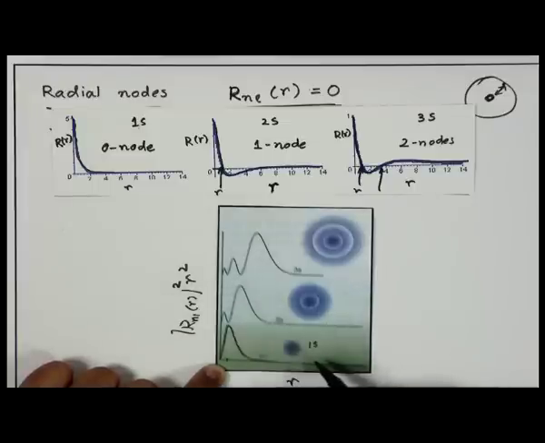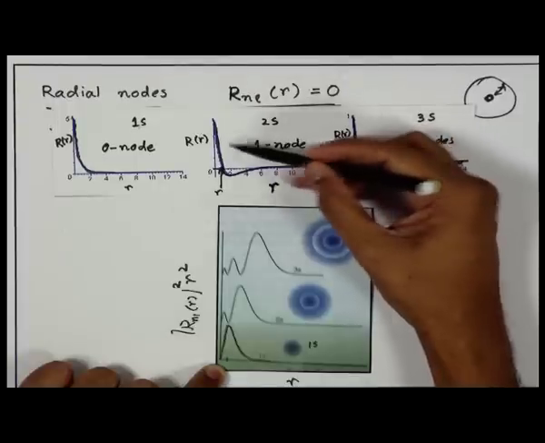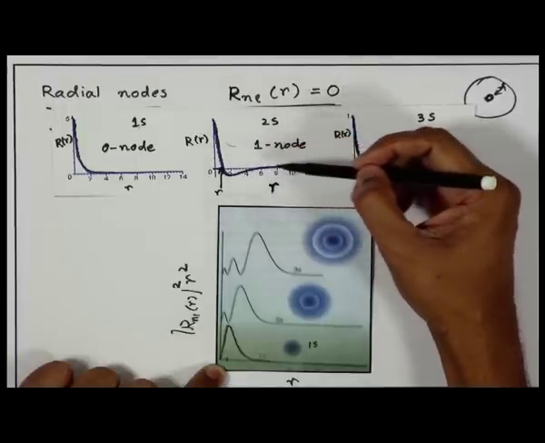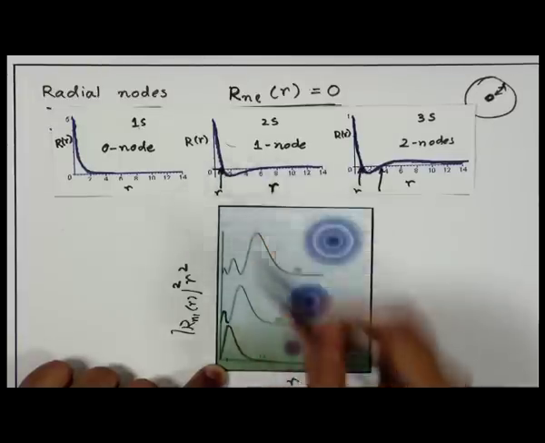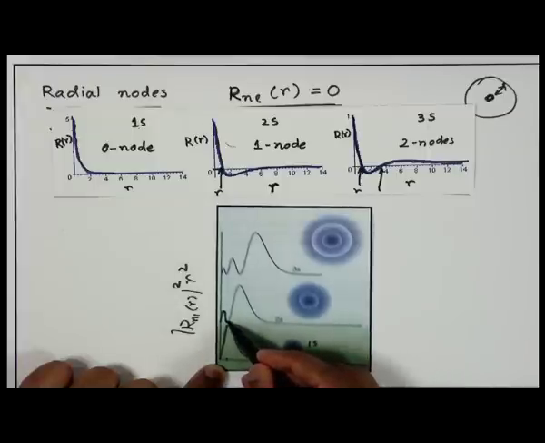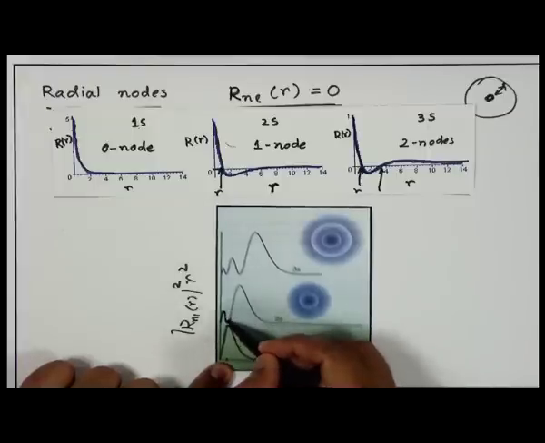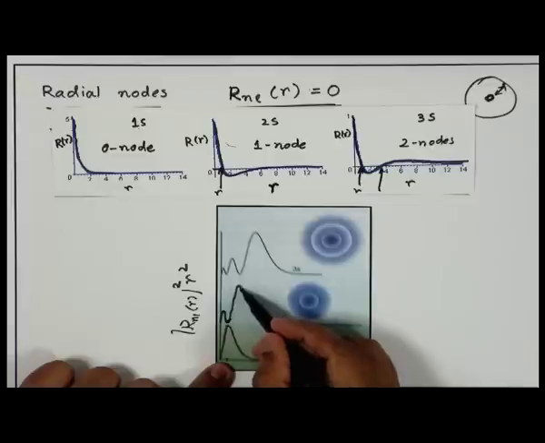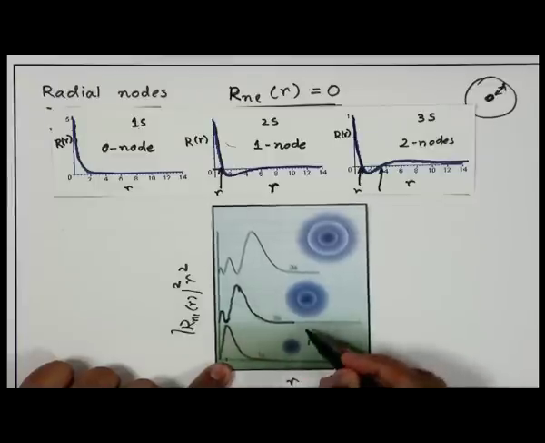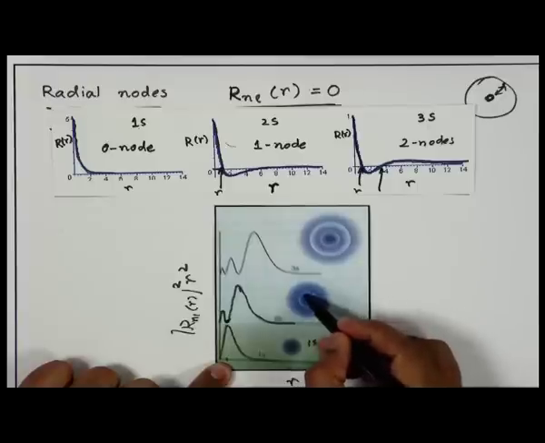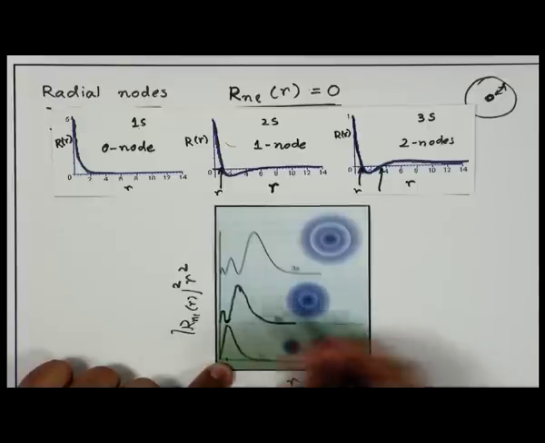Now, when I go to 2s, since the radial wave function looks like this when I take a square, I see first it goes like this, and then I have this point which is a node. So, the probability density becomes 0, and beyond that again I see a peak. What does that mean? When I plot in this way, I see that in the center there is a probability density.